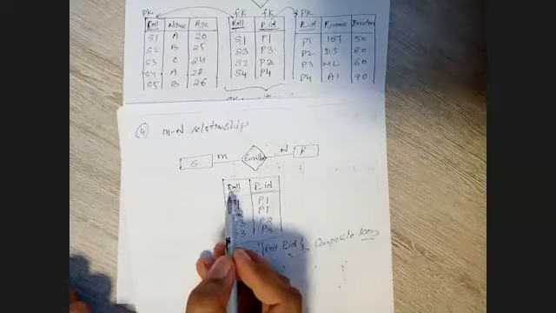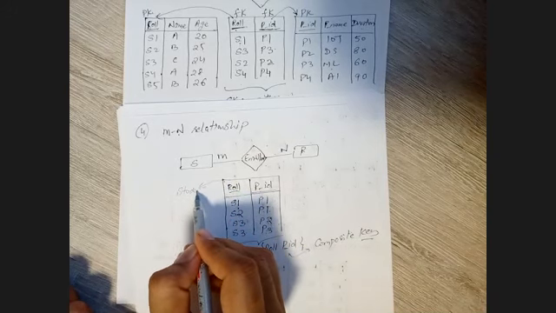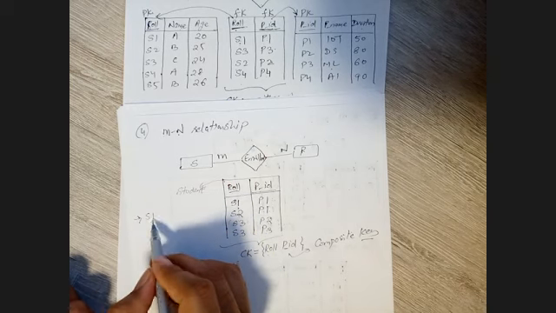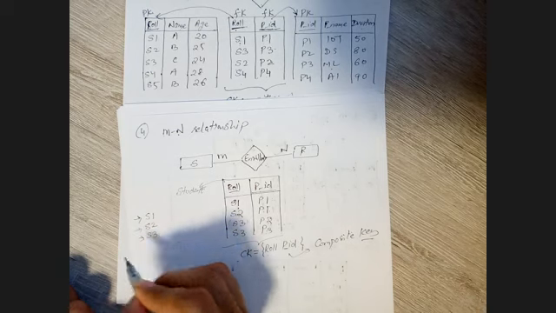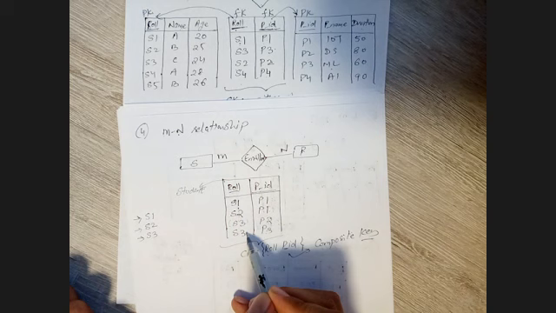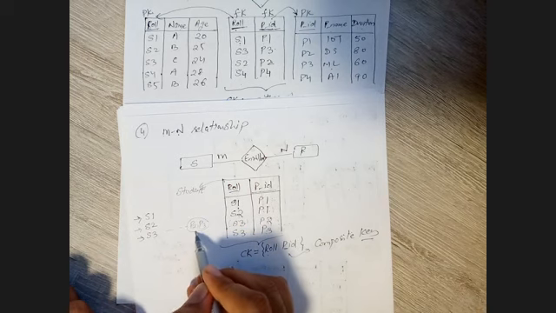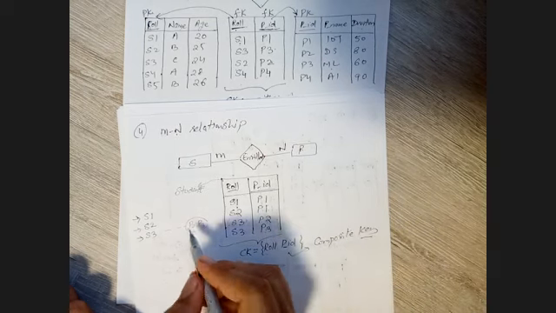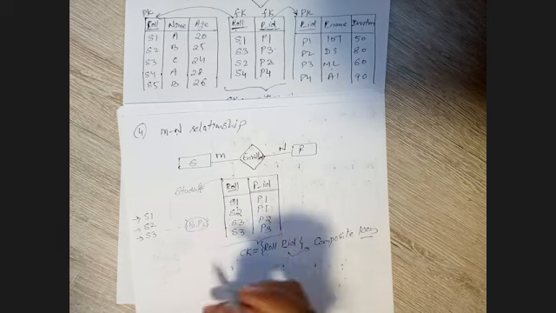If you try to merge with the student, you can see there will be a single row for the student, and for S3 we have values P2 and P3. So two values in a single cell, which the database constraint does not allow. Atomicity is not followed. So that's why we cannot have this.